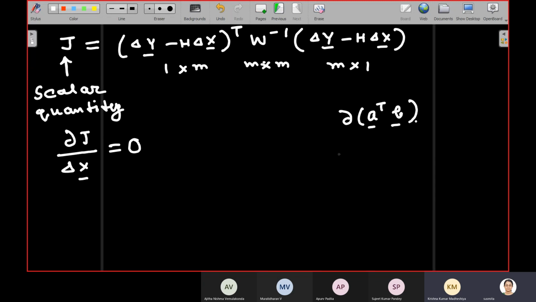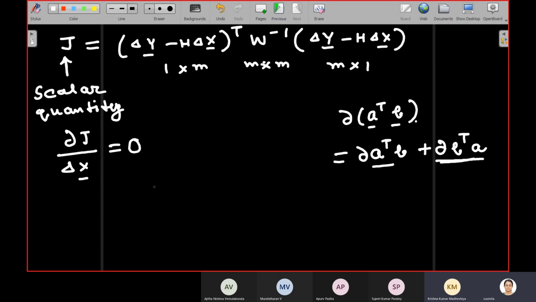So this one actually is given like this. Notice this one carefully. Here we have A transpose B as it is, but for the second term we have done B transpose A.